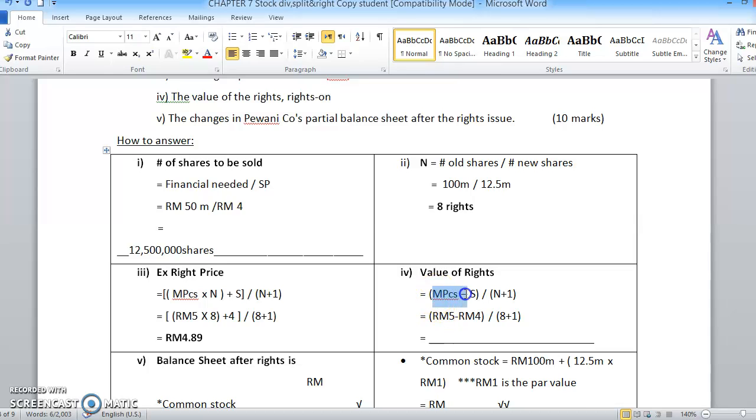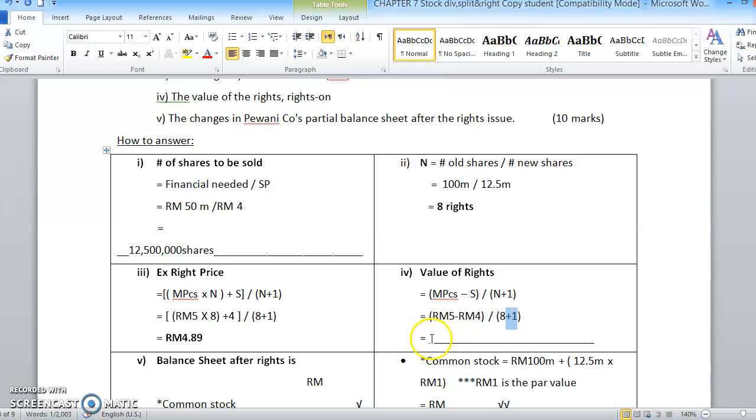So we will take the market price minus the subscription price divide by N plus 1. So the market price is RM5 tolak RM4 subscription price bahagi dengan N plus 1.